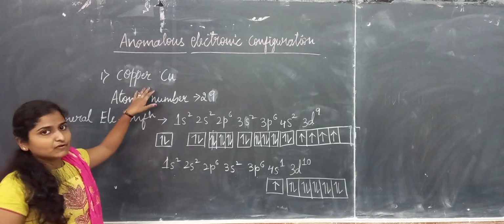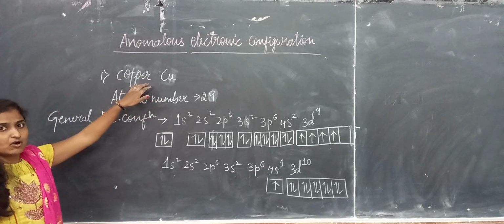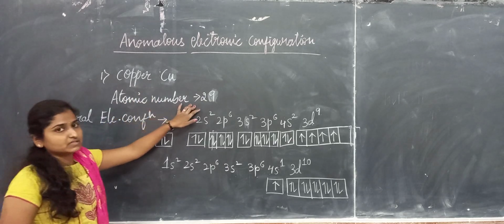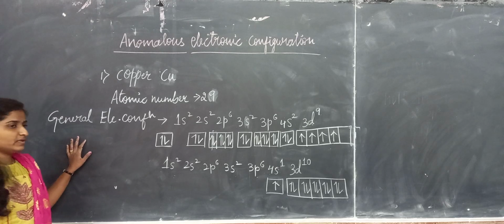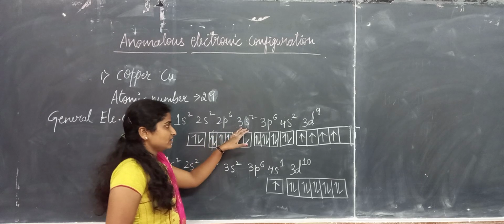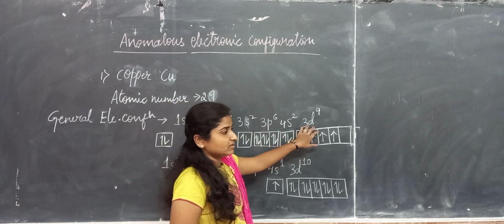Another example for anomalous electronic configuration is copper. We are taking copper as another example. Here the atomic number for copper is 29 and the general electronic configuration for copper will be 1s2, 2s2, 2p6, 3s2, 3p6, 4s2, 3d9.